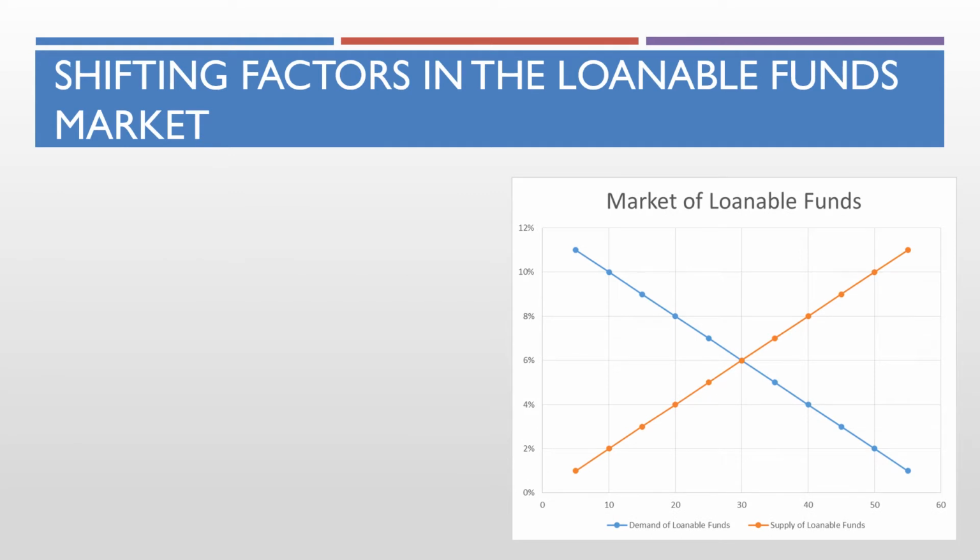First of all, let's talk about the factors that shift the loanable funds market. We would like to think about the demand side of the market, which is the firms and businesses. We want to know, at a given interest rate, what factor shifts the behavior of firms to either borrow more funding or borrow less funding?